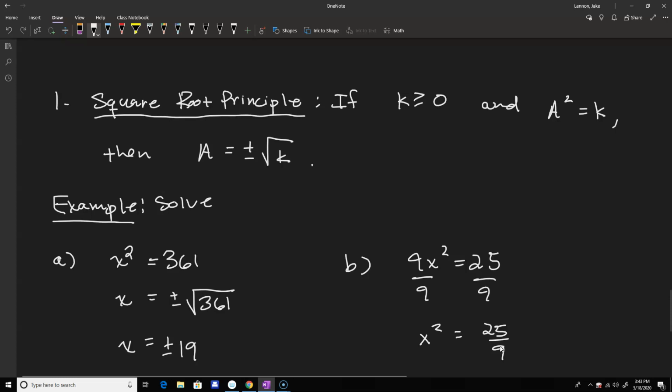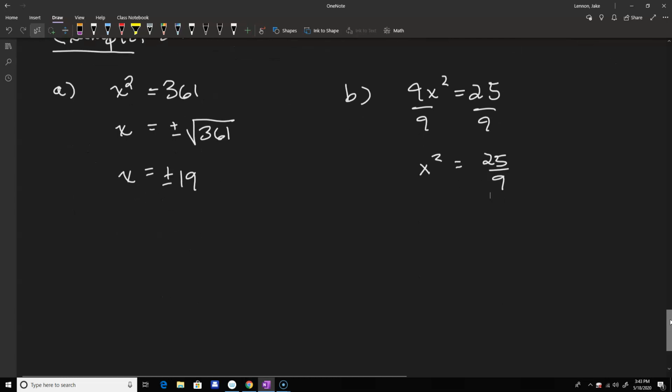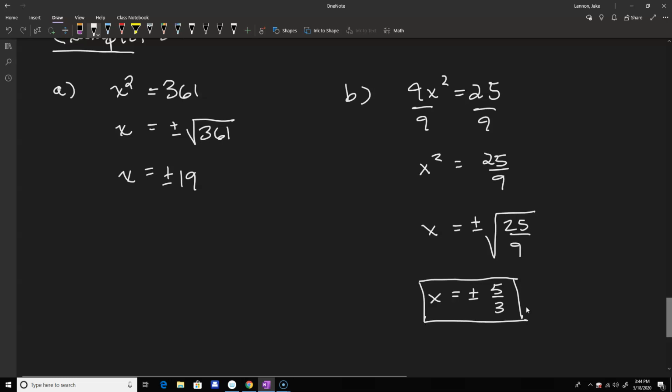So then x will be plus or minus the square root of 25 over 9, which simplifies to 5 over 3, because 5 over 3 times 5 over 3 makes 25 over 9. So x is going to be plus or minus 5 over 3. When you see the square root principle as an option, typically it's going to be your fastest option to solve the equation.